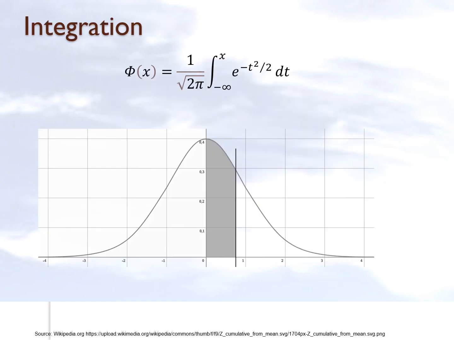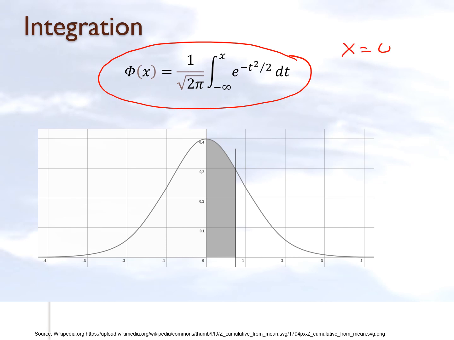So the next mathematical process for which we're going to find numerical techniques will be integration. Look at this particular function, and you must have seen this in your statistics class. It's the standard normal cumulative distribution function. And when you are doing this integration right here, you're going to find out that only for x equal to 0 or x approaching infinity can this particular integral be solved exactly.